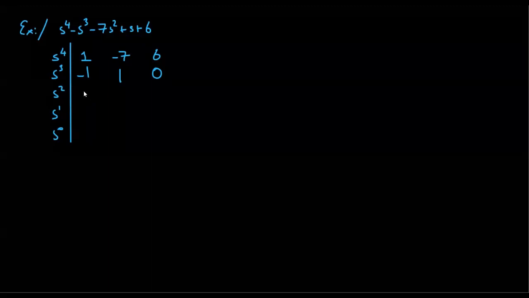So if I would like to compute this one, that will be simply equal to -1 times -7 minus 1 times 1, divided by -1. So this is equal to 7 minus 1 over -1, which is equal to -6.